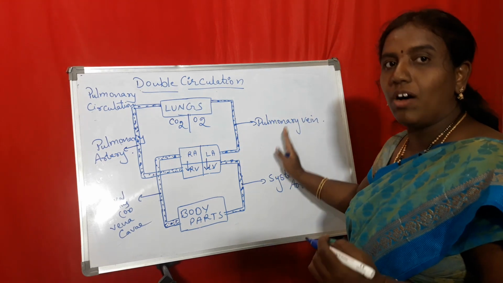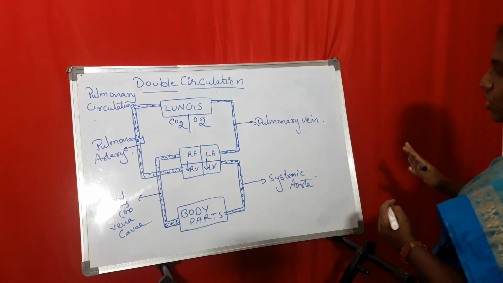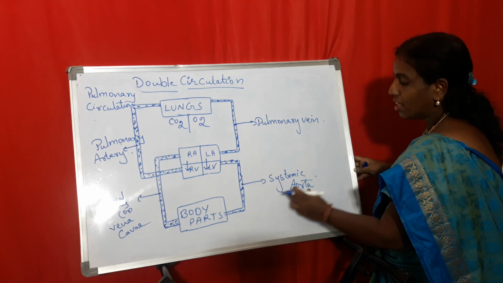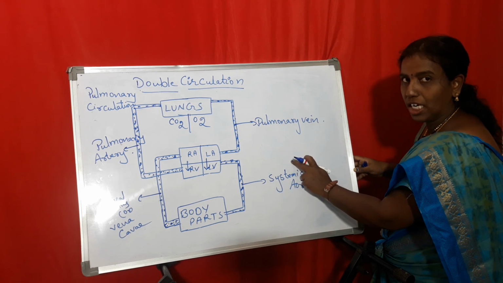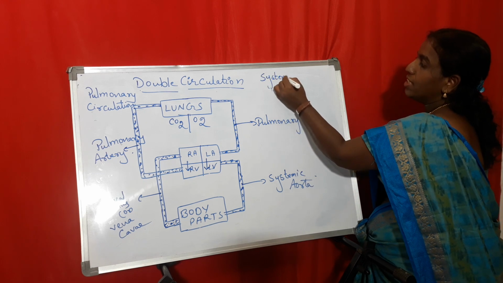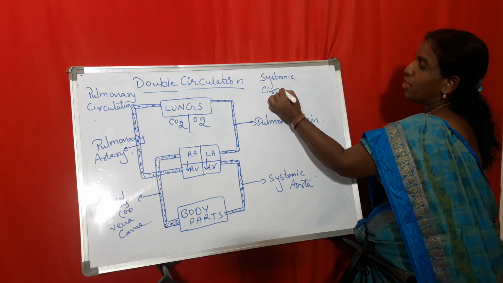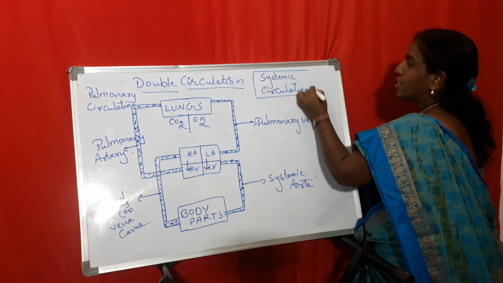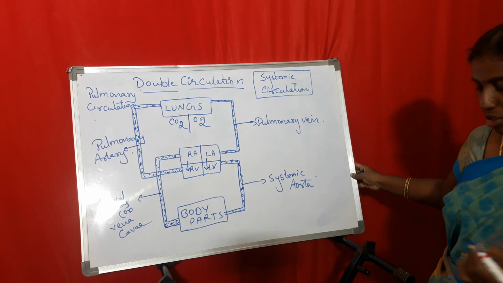Coming to this side, oxygenated blood circulation is done through systemic aorta. The blood is going to all body parts, so it is called systemic circulation. Pulmonary circulation, systemic circulation.